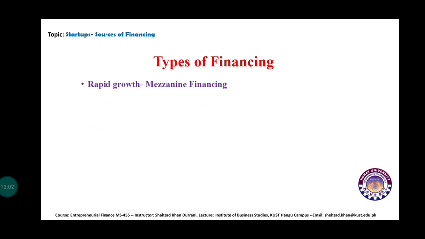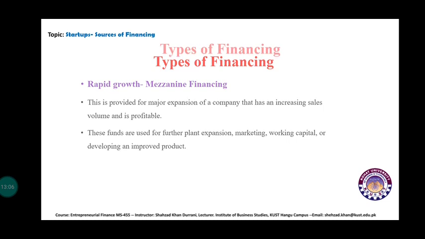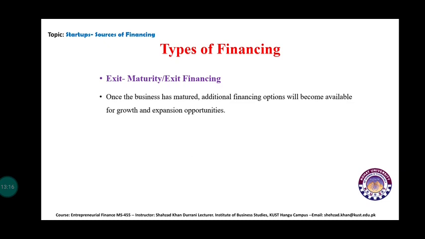The next stage that we have is the exit stage. The financing required is the maturity or exit financing. So once the business has matured, right, additional financing options, so you have to invest somewhere else, right, will become available for growth and expansion opportunities.